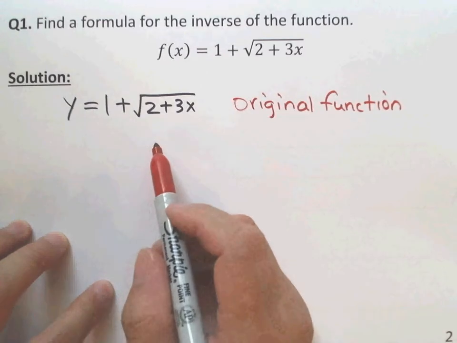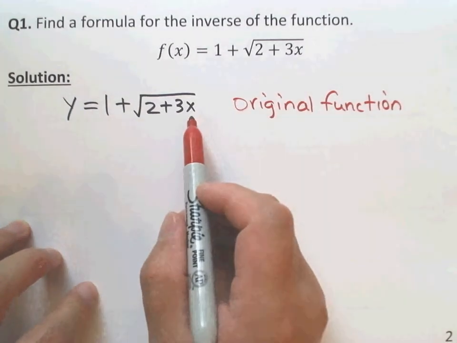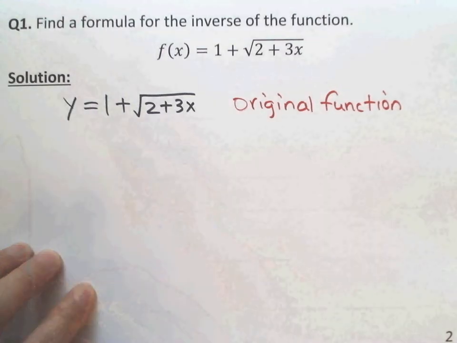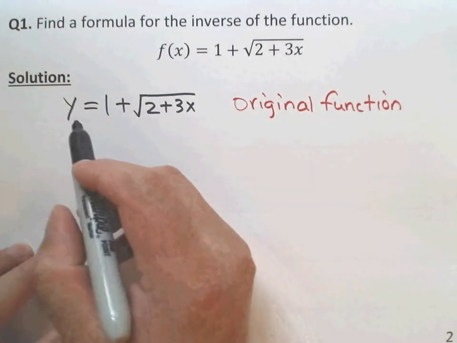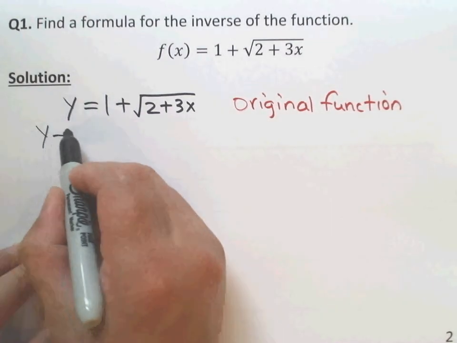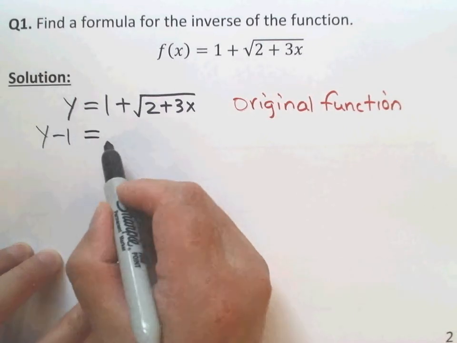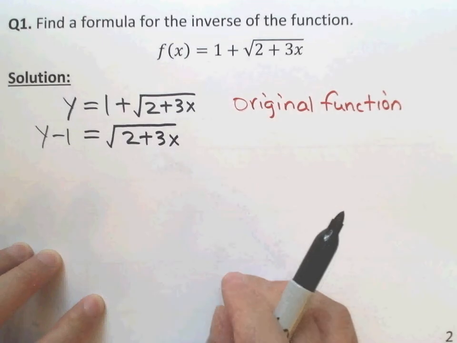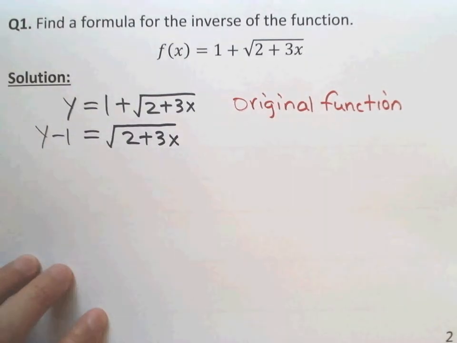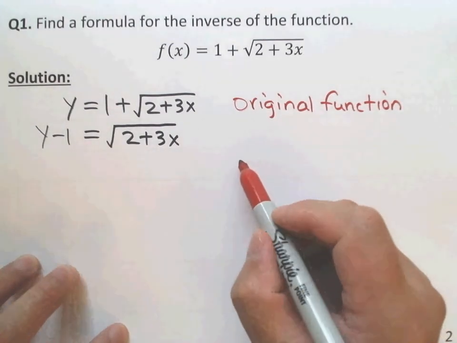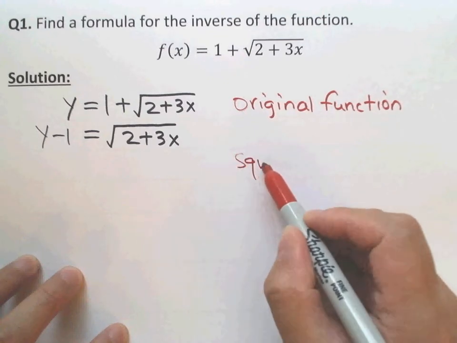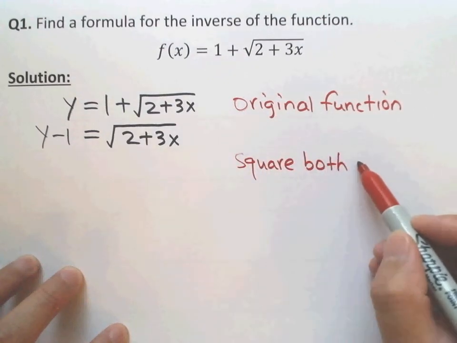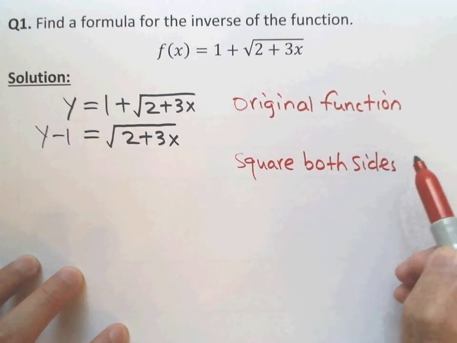Following our step, solve for x first. How do we solve for x? You need to square, but move the 1 first. Subtract 1 from both sides, so we get y minus 1 equals the square root of 2 plus 3x. And then we square both sides to remove the radical.